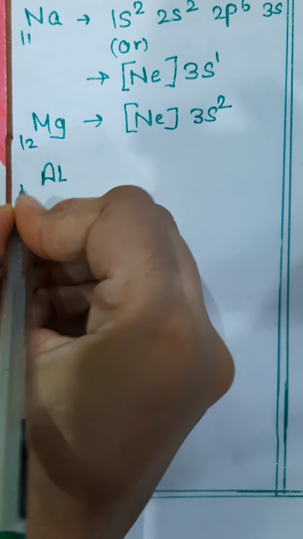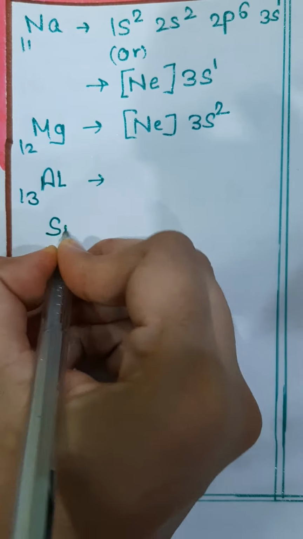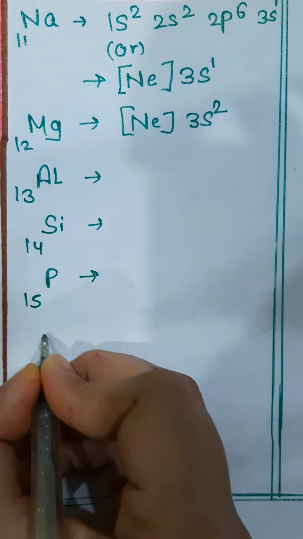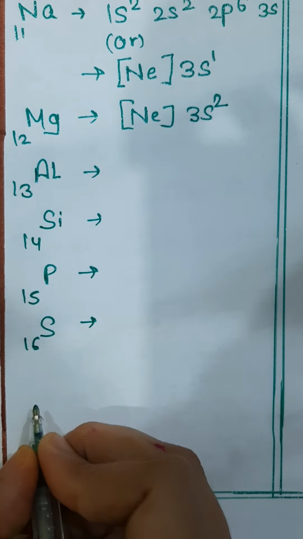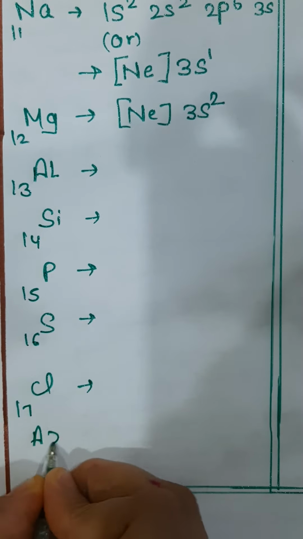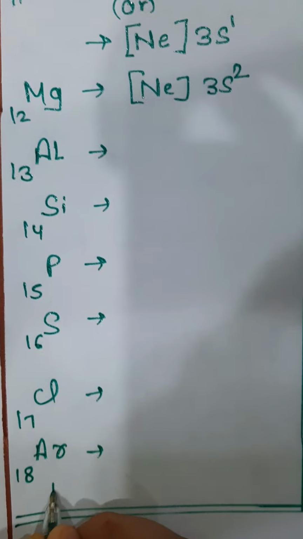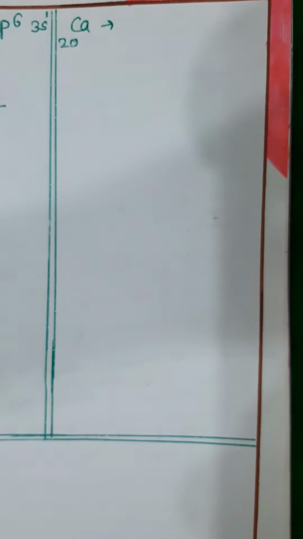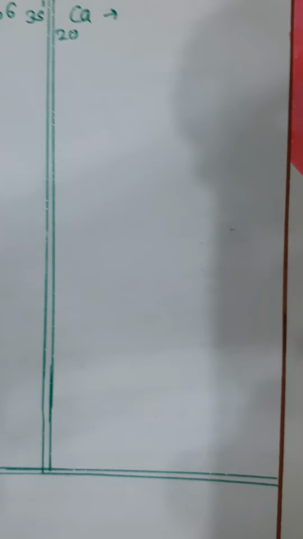13 is our aluminium. 14 is silicon. 15 is phosphorus, 16 is sulfur, 17 is chlorine, 18 is argon, 19 is potassium, and 20th is our calcium. First we write the names of the elements.